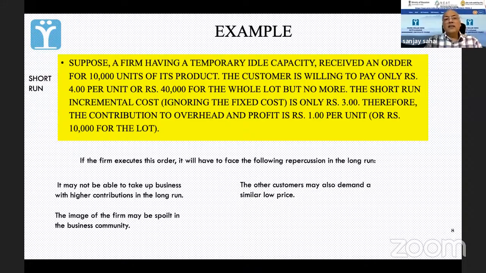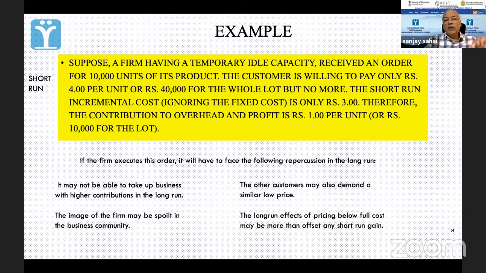So other customers are going to demand a lower price. And you think of the implications of that. Just for this 10,000 profit, you have basically spoiled your entire pricing for the future. And if you now try to bring the pricing back to the old level, you have a serious problem.